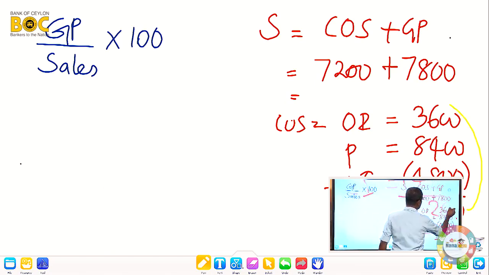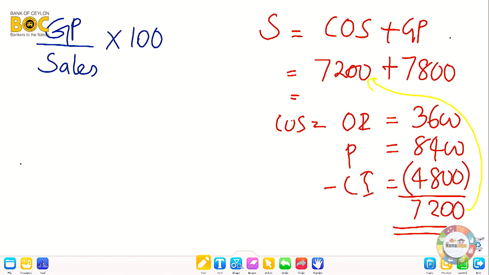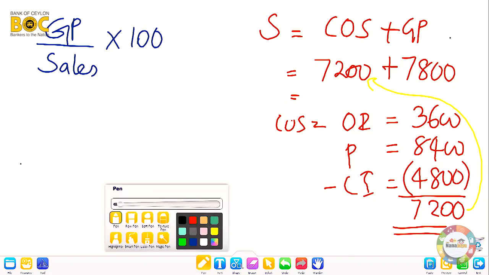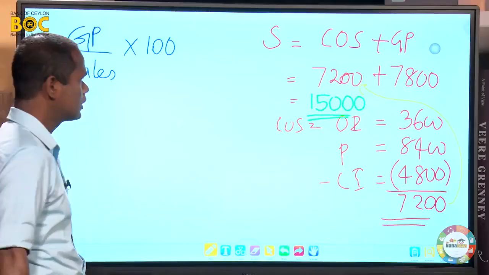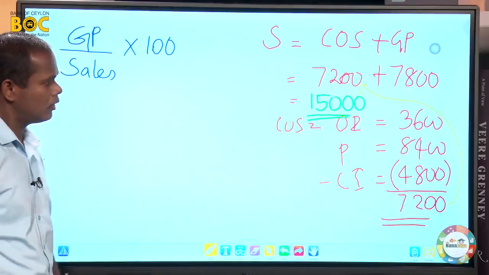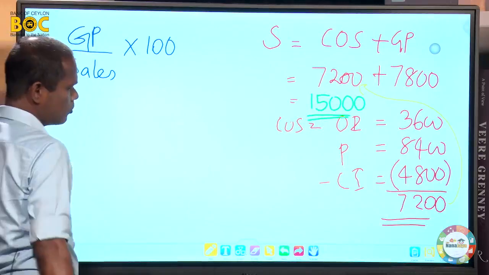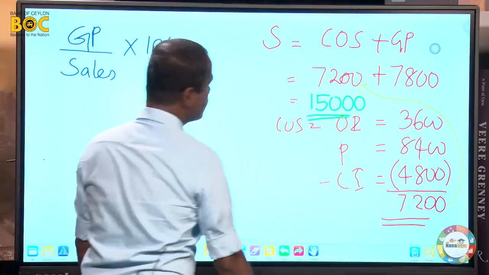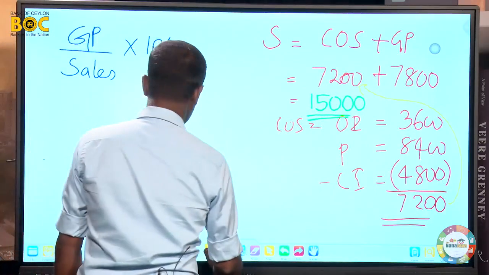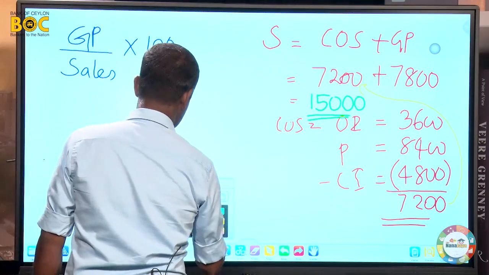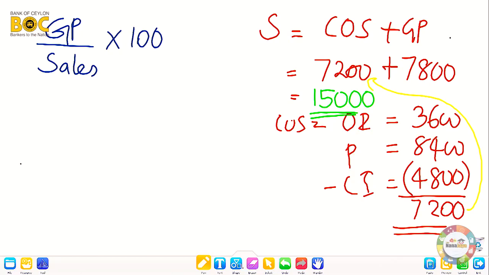This is the cost of sales. Now sales value is 15,000. You found the sales value in the formula.